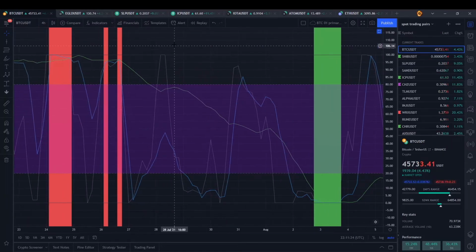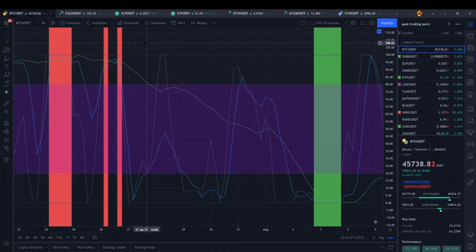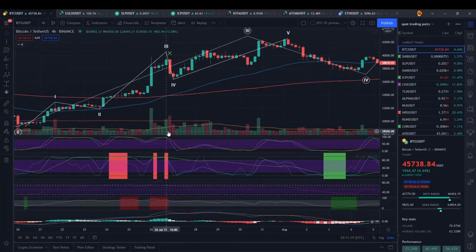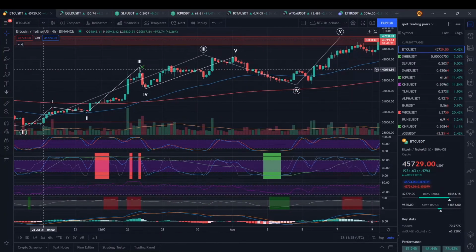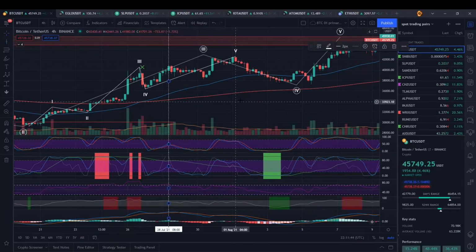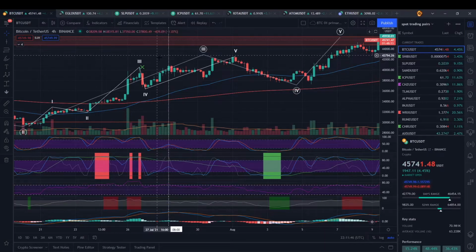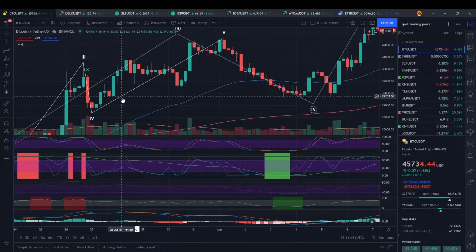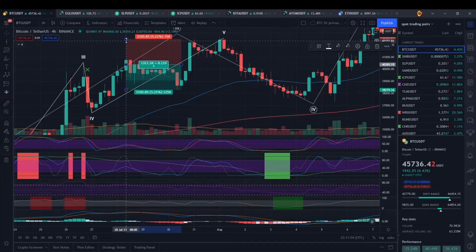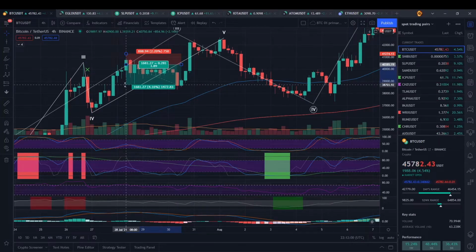So when I suspect that this is going to be a fake out, in this exact shape, this is where I can simply enter a short with a proper stop loss, simply here, or even the candle before it. So I would simply short somewhere here, and it would be a good short, like you've seen here.